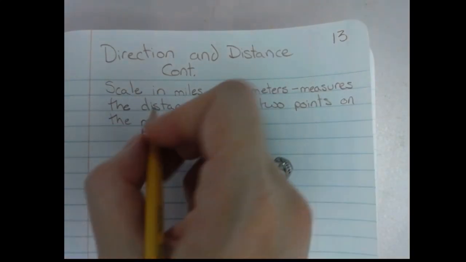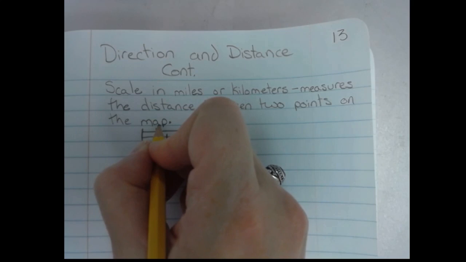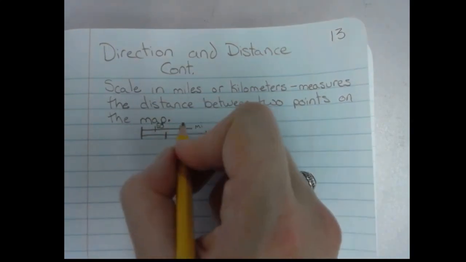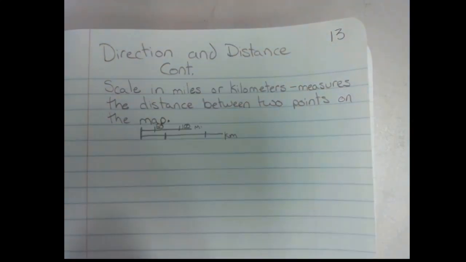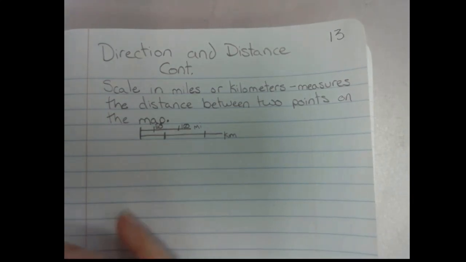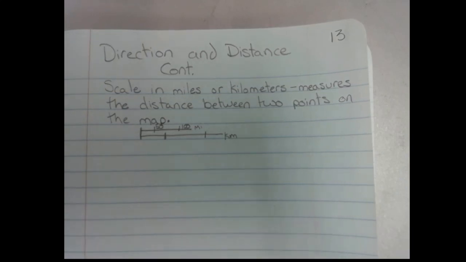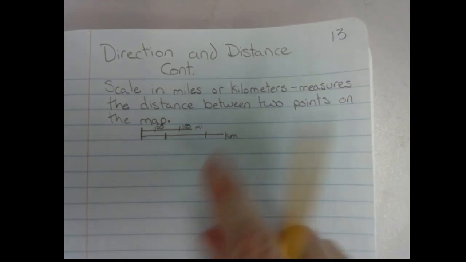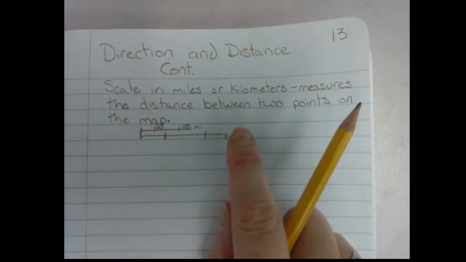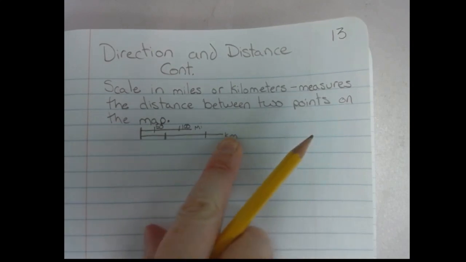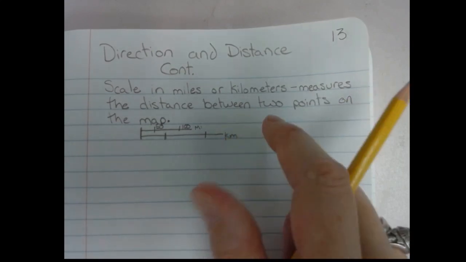Okay, so let's say that this right here is going to be 50 miles and this is going to be 100 miles. Okay, so they're doing this to help us see what the distance would be on a more reasonable scale. We will be talking more about how to use scale later on, how it works.